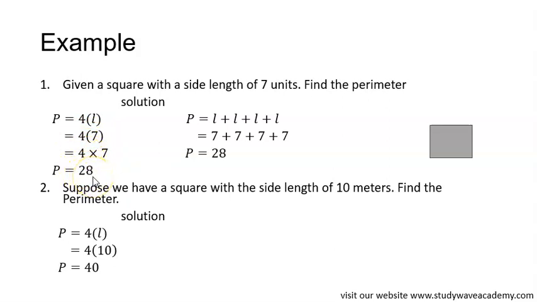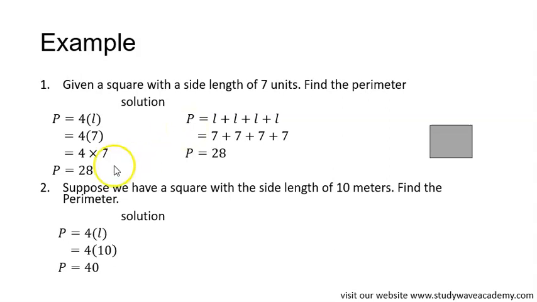Do you understand? So the perimeter of the square that the length is 7 is equal to 28 units. Or you can use this formula if this confuses you. The formula of L plus L plus L plus L, which is 7 plus 7 plus 7 plus 7, okay? Is still equal to 28. You can see it's still the same thing, right?